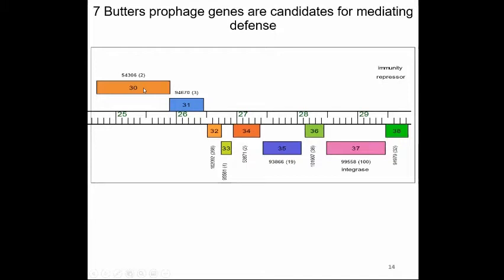If we assume gene 30 is the one responsible for defense, or it is required, it is contributing in some way to defense, then when we take 30 out, if we delete 30 or knock it out of the prophage, we don't expect to see defense, because if 30 is responsible and it is no longer present, we should abolish defense. We can do that same reasoning for all the others.